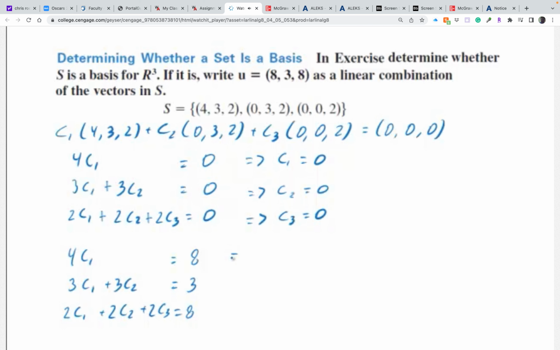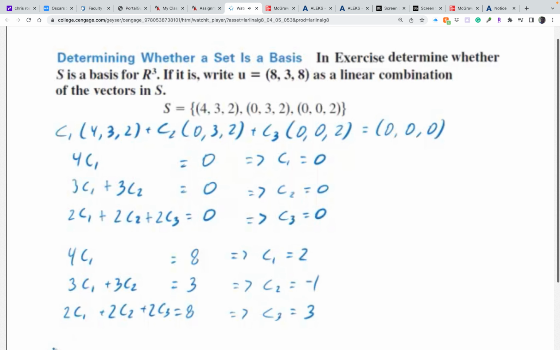Looking at the first equation again, this implies that C1 is equal to 2. Plugging this into the second equation implies that C2 is equal to -1. And plugging this into the third equation implies that C3 is equal to 3.